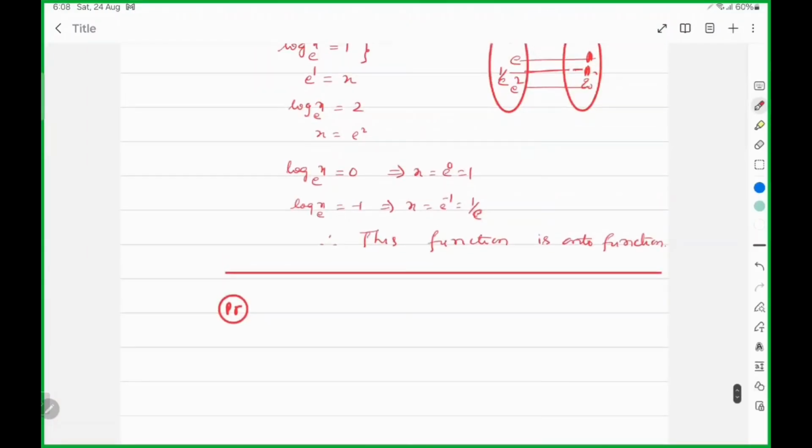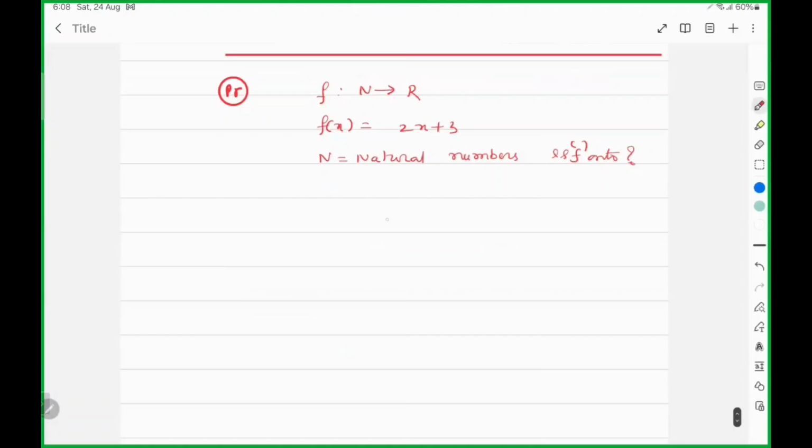So one more problem, let us discuss onto function. F maps from N to R. F of x is defined as 2x plus 3. N here is the natural numbers. Is f onto is the question.